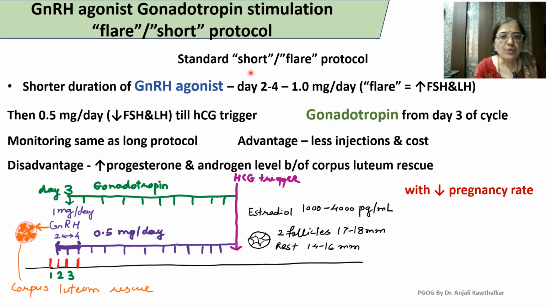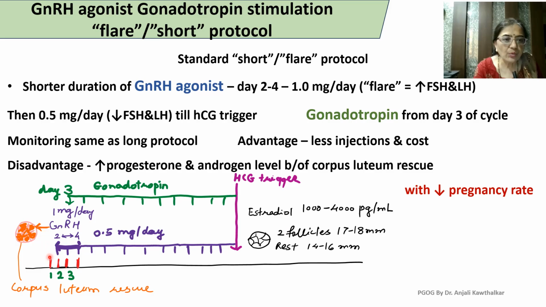In the standard short or standard flare protocol, a shorter duration of GnRH agonist is given. In the previous long protocol, the GnRH agonist was initiated on day 21 of the previous cycle before menstruation. But here, GnRH agonist is started on day 2 of the menstrual cycle and continued for 3 days.